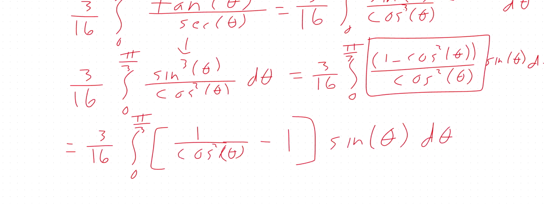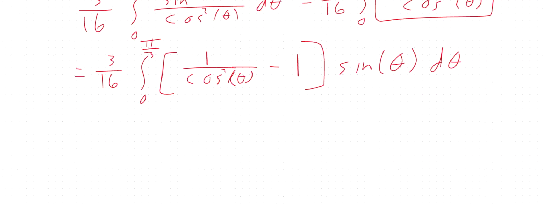And now this is a very straightforward U substitution that can be evaluated. Make your U a cosine, or if you want to, distribute that sine.